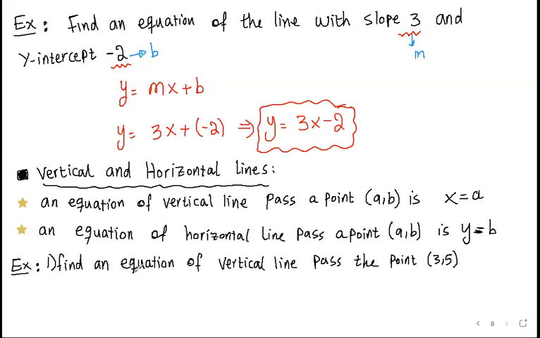What is the equation here? Again, the equation of a vertical line that passes through a point (a, b) is x equals a.